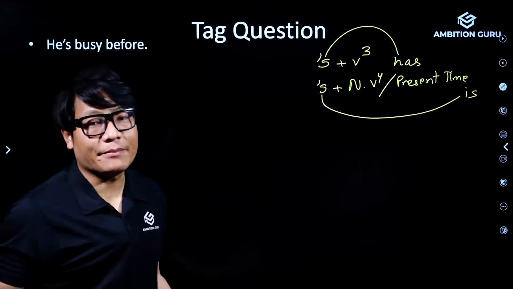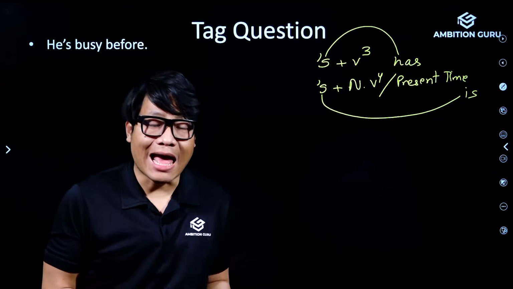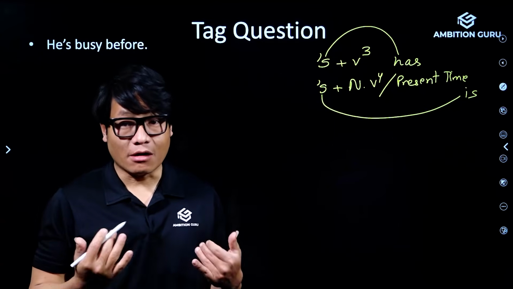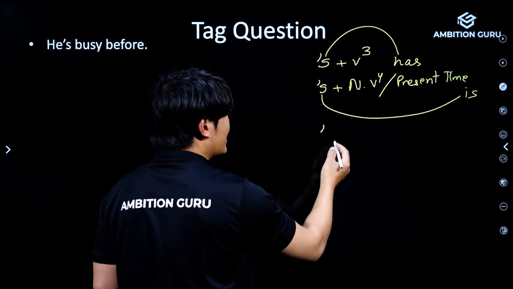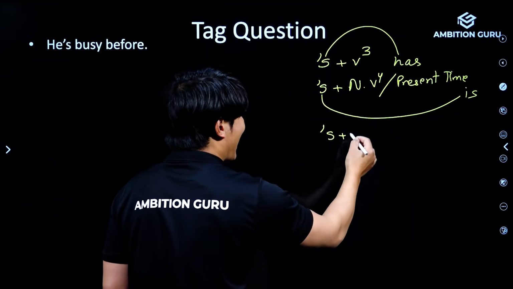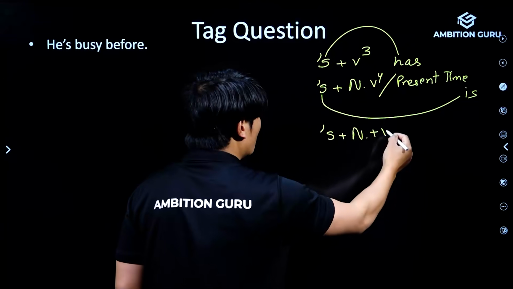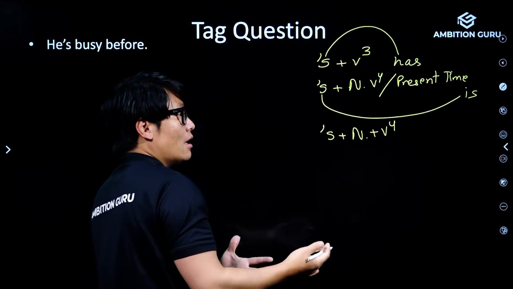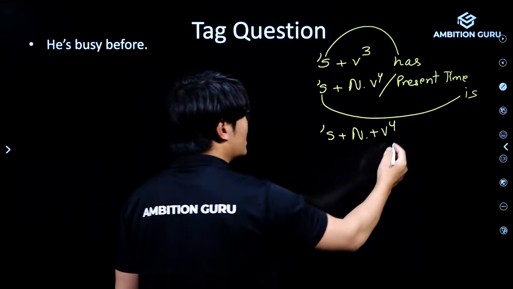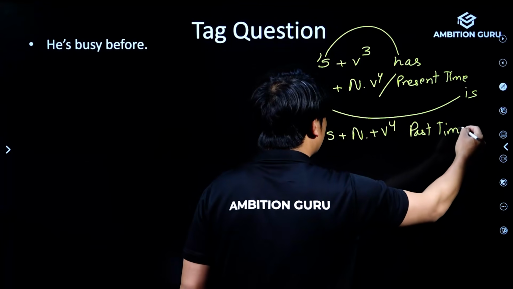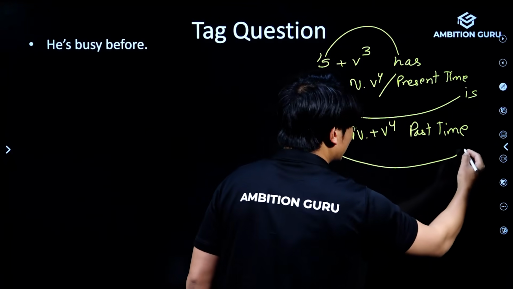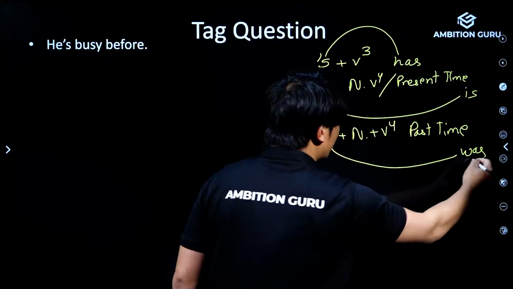Like a present time means like now, today, currently, so like that. And next is if there is apostrophe S after noun or verb, but after that as an adverbial, if there is a past time, then this is was.